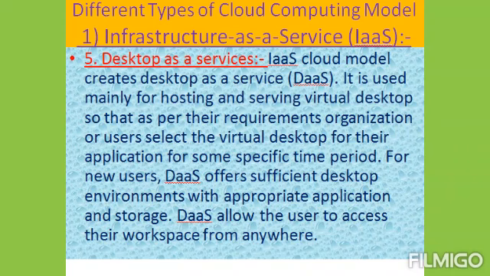The fifth point is desktop as a service. The infrastructure as a service model creates desktop as a service, and it is used mainly for hosting and serving virtual desktops as per user or organization need. Users select the virtual desktop for their application for a specific time period.